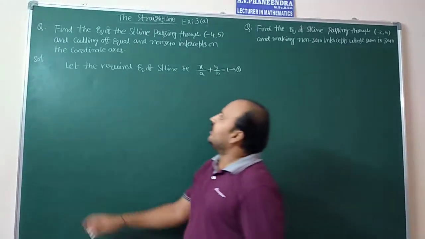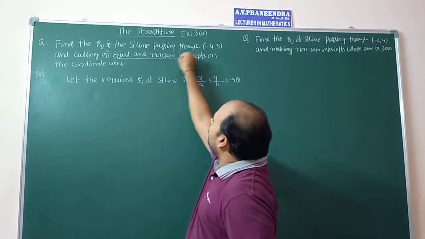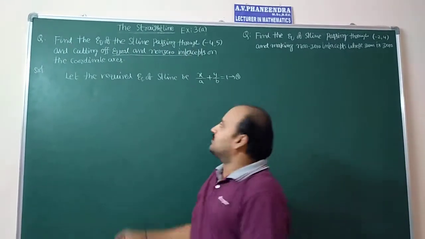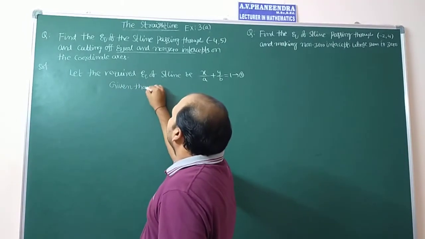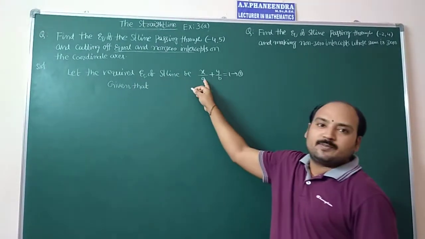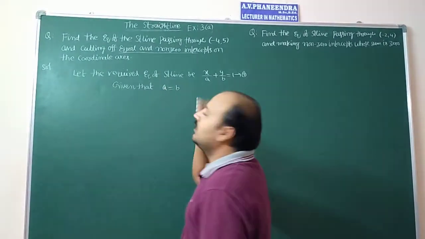The condition given is equal and non-zero intercepts. The x intercept is a and the y intercept is b, so a is equal to b.